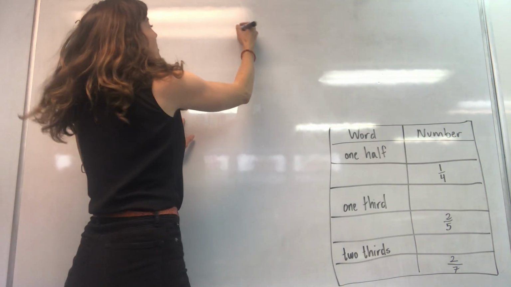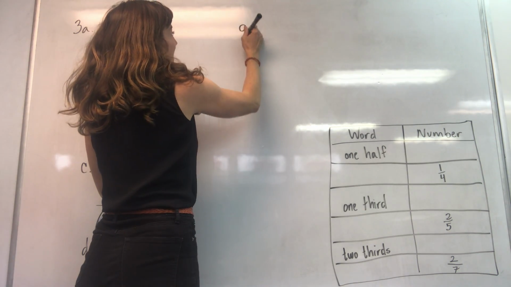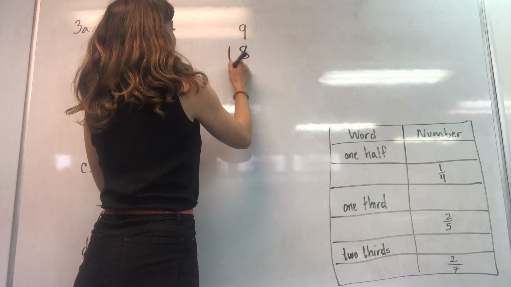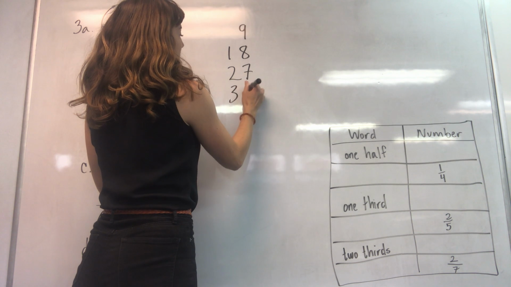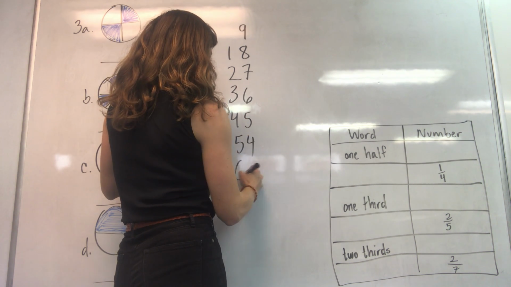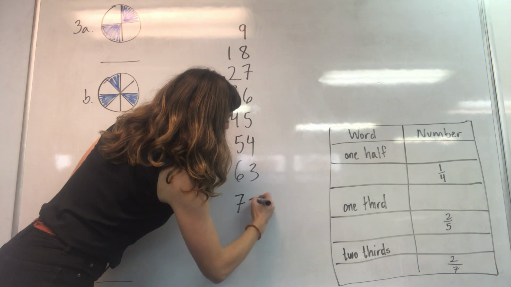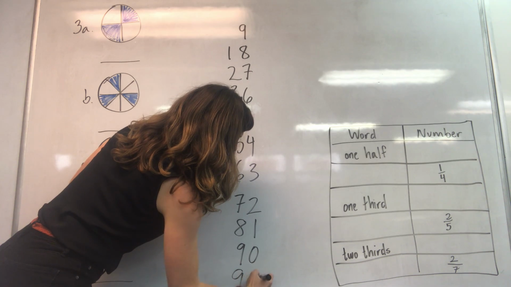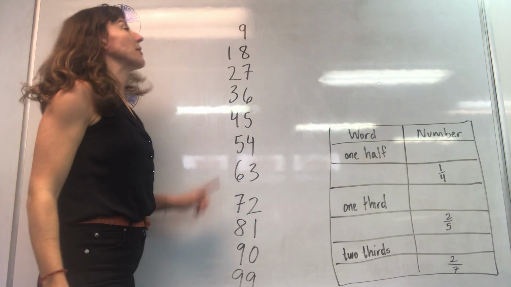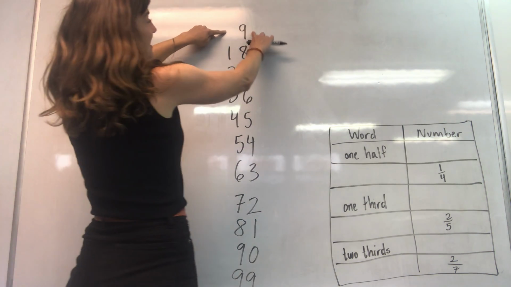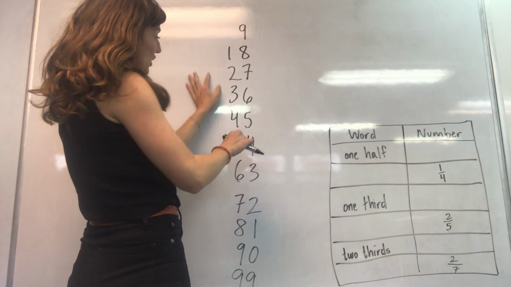Our first answer is 9: 9 times 1 is 9, 9 times 2 is 18, 27, 36, 45, 54, 63, 72, 81, 90, 99. Can you see that one? Okay, so this is a 0 right now, and this is a 9, and then this line goes up.